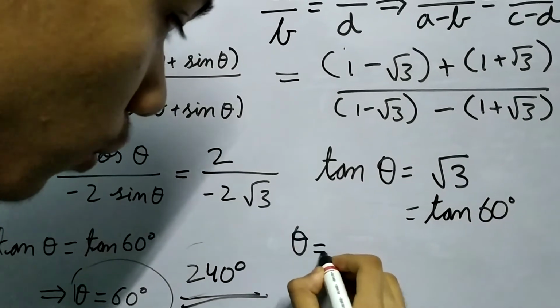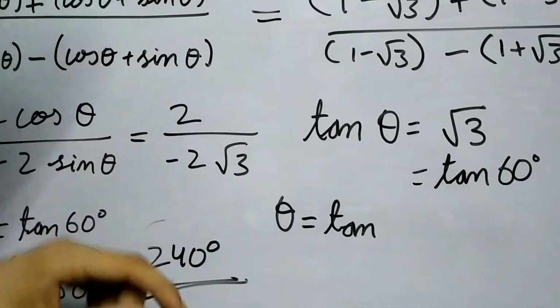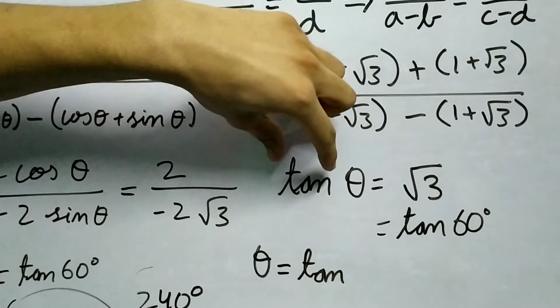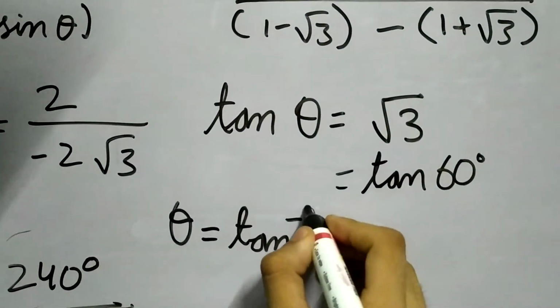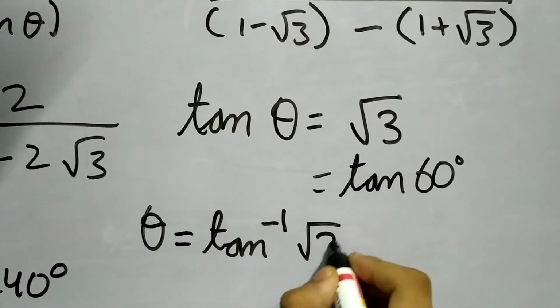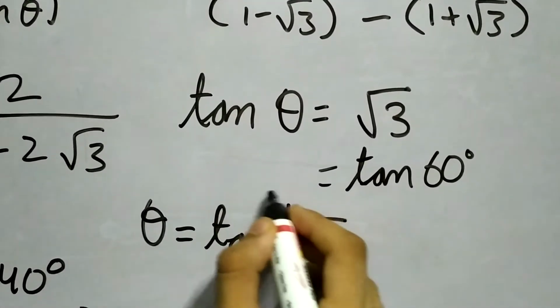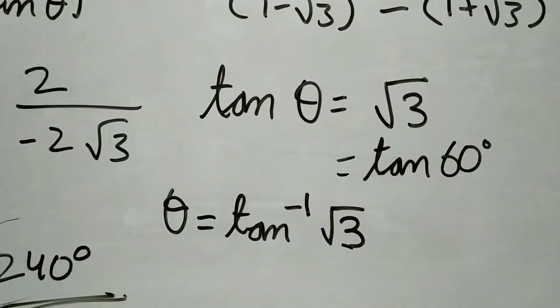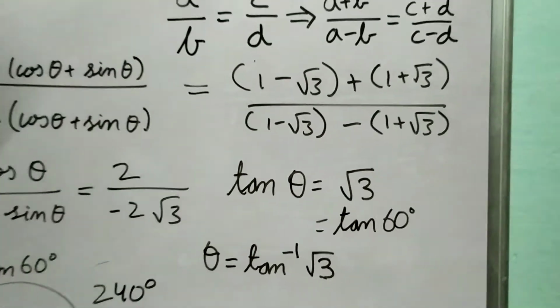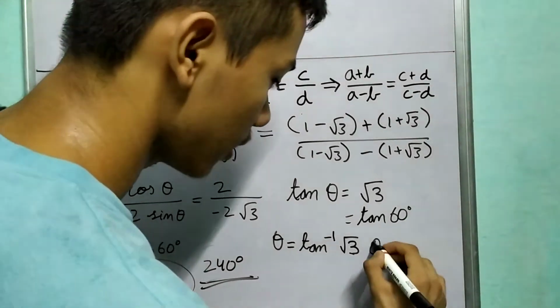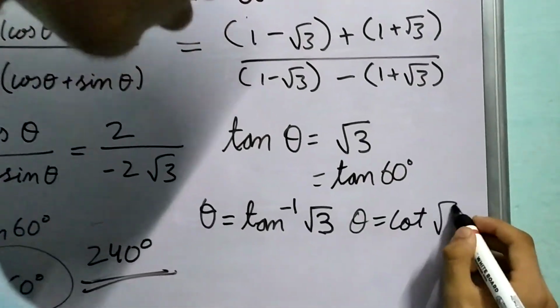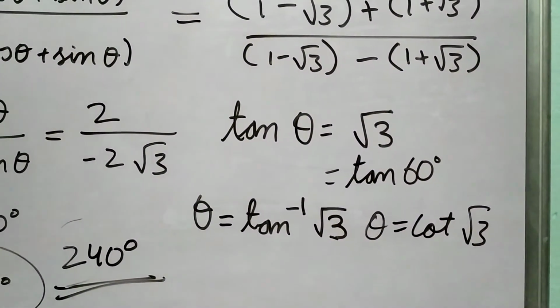So we write theta is equal to, so what we have is tan here. Now when this tan goes from the left hand side to the right hand side, this becomes tan inverse root 3. Now this is really important, the inverse sign. Most of you might be tempted to say that there's a tan to the power minus 1 on top, so we can say this as theta is cot root 3, cot being 1 upon tan theta.